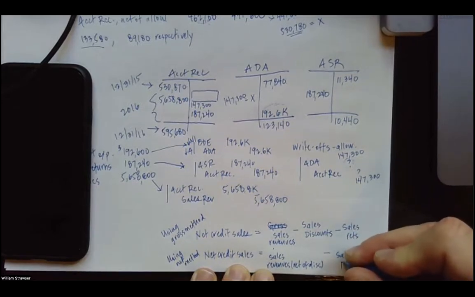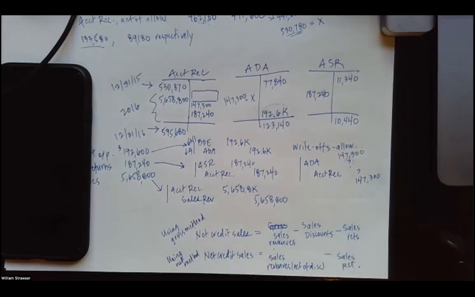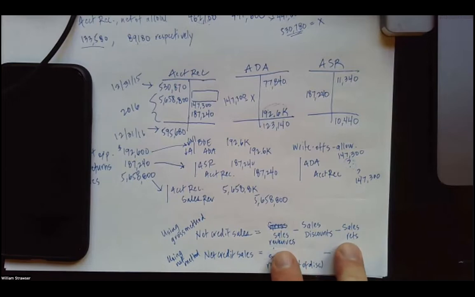Now, one thing that this problem doesn't have stated explicitly, which I think it should, is that the company must be using either a net method approach in recording cash discounts, or they just don't offer cash discounts. Because if you don't offer cash discounts, the net credit sales will always just be sales revenue minus sales returns.